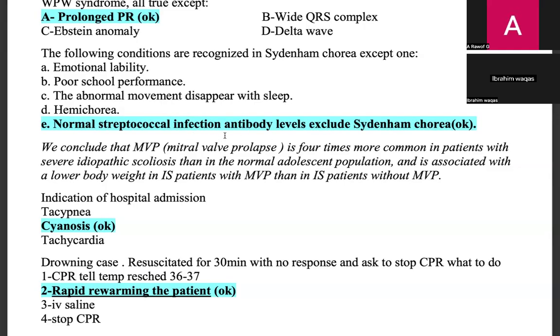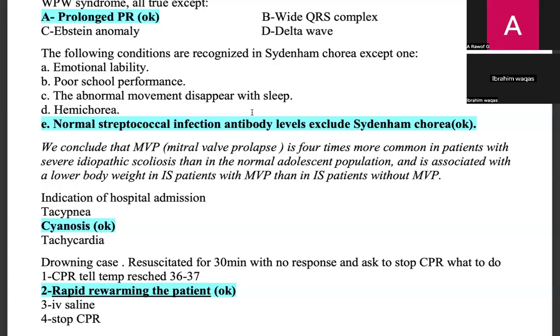Normal streptococcal antibody levels do not exclude Sydenham's chorea. Still, you check the anti-streptococcal antibody levels. If they are normal, the child can still have Sydenham's chorea. That means it will not negate the diagnosis.